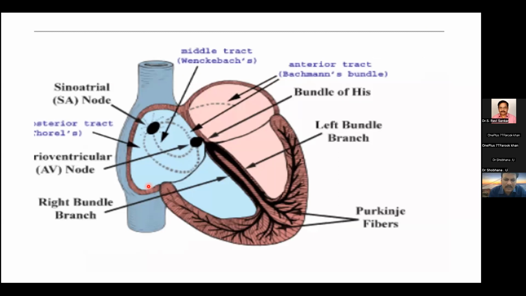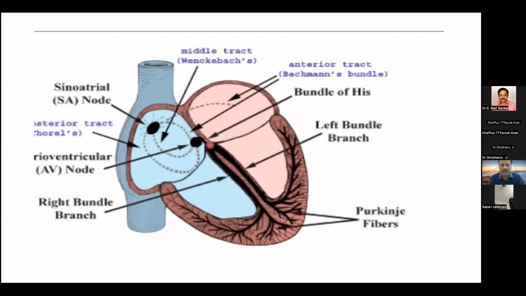These are things for which I repeatedly give this picture, for understanding the basics. Simple thing: from the SA node, the impulses are conducted through three different pathways in the atria into the AV node, and it innervates the atrium completely. The AV node acts as a speed breaker, so there is a stagnation in the impulse.